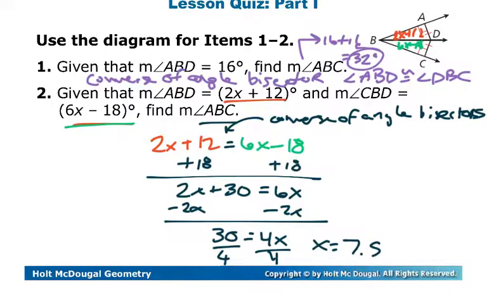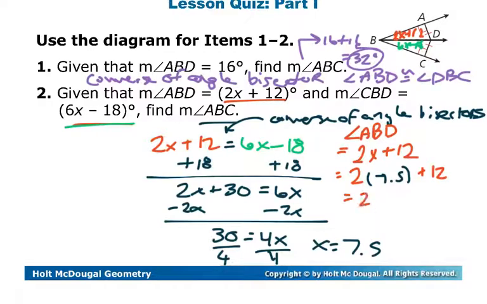ABC. So in order to find the measure of ABC, we need to plug in this x value of 7.5. And so angle ABD is going to equal the sum of this, so 2 times 7.5 plus 12.